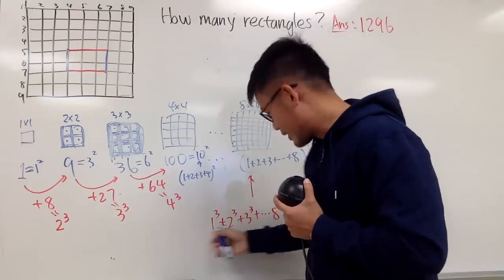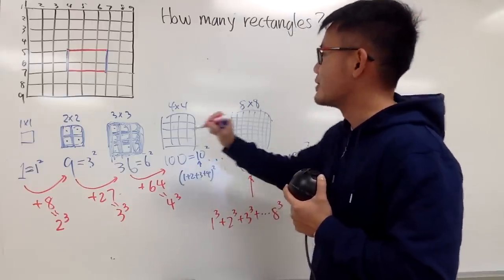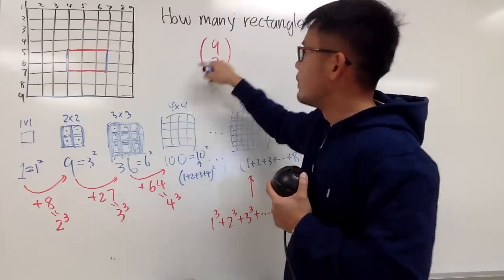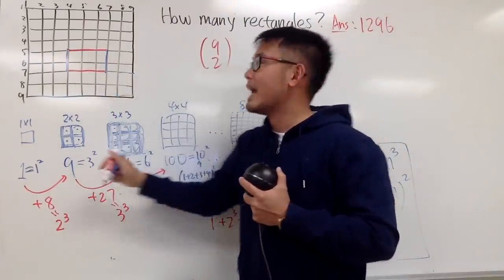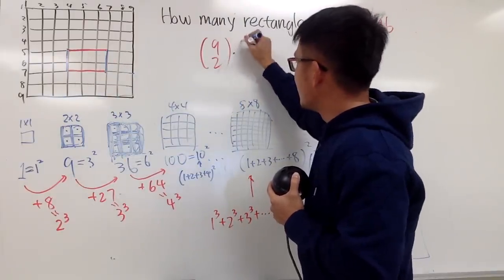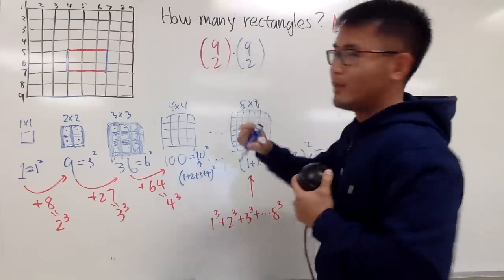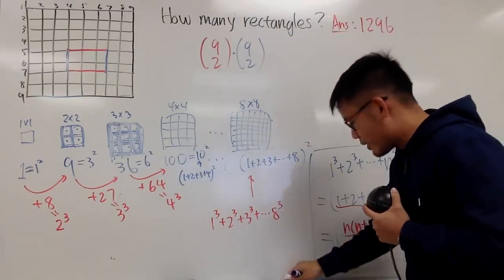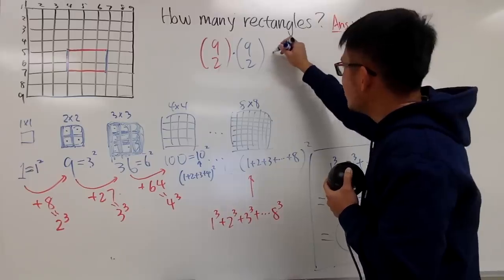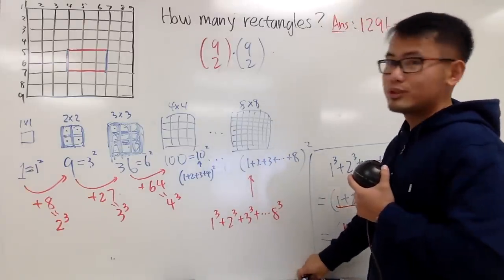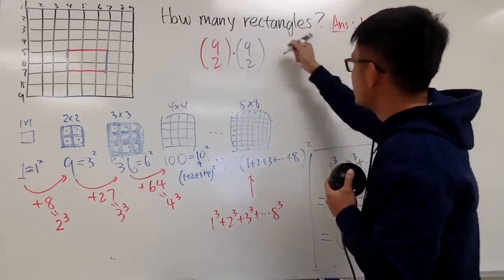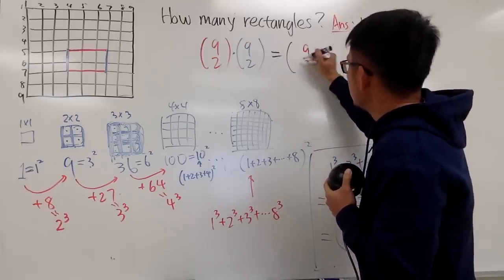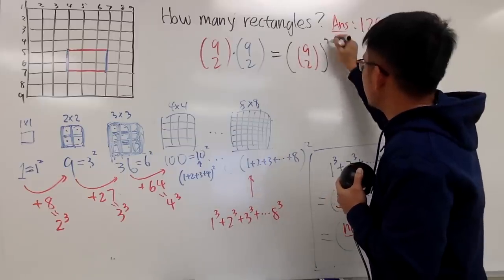So let me do this actually, my color was not matching. This right here is 9 choose 2 for the top and bottom, and then we multiply by 9 choose 2 for the left and right. So in other words, this right here is nothing but 9 choose 2 squared. So I'll write this down for you guys. This is just 9 choose 2, and then we square that.